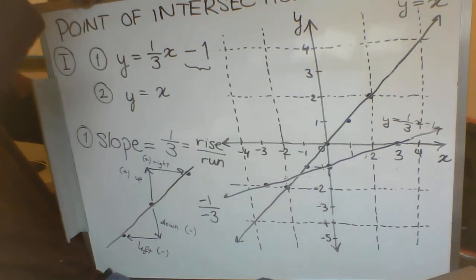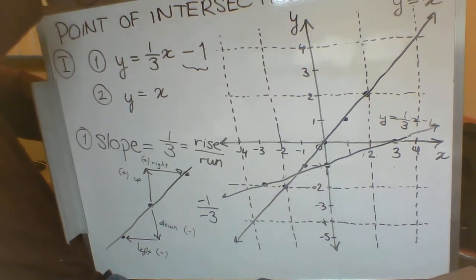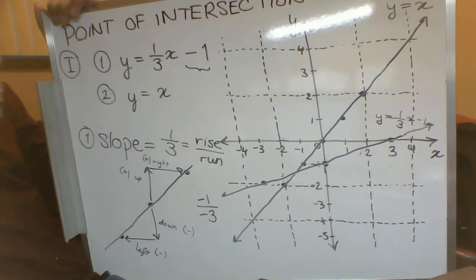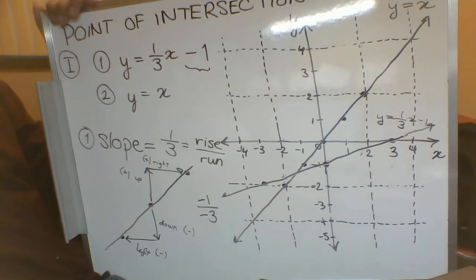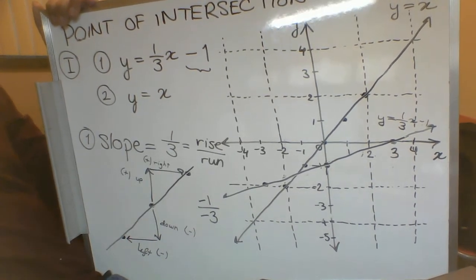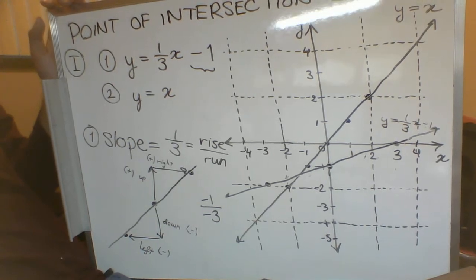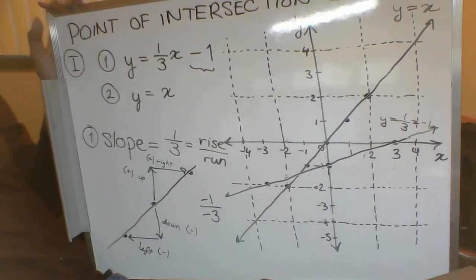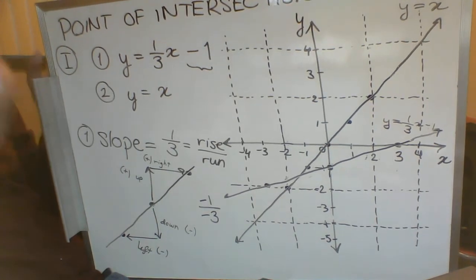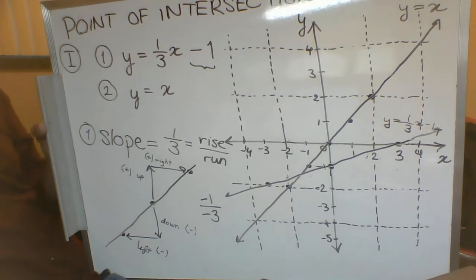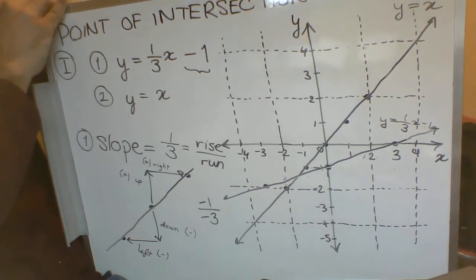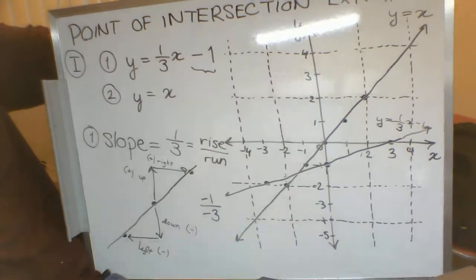Now our next step is to figure out what is the point of intersection of these two lines. So where do these two lines cross? And so the question that we're asking ourselves basically is, what are the x and y coordinates where these two lines cross? And the neat thing with what we're doing right now is you guys have actually seen the applications of this concept before, before you've seen the graphical representation of it.